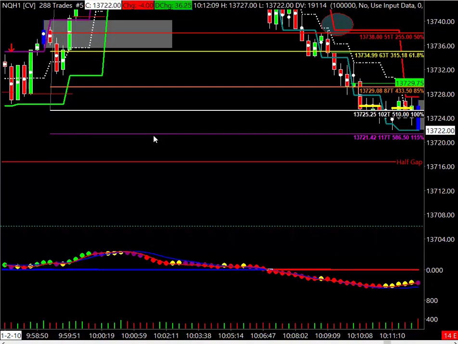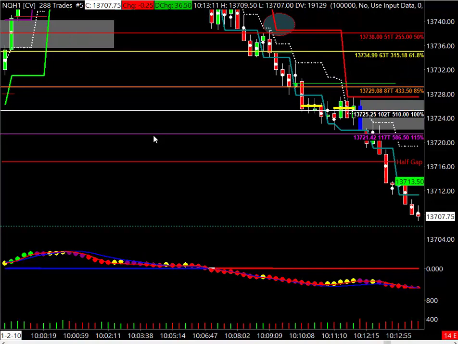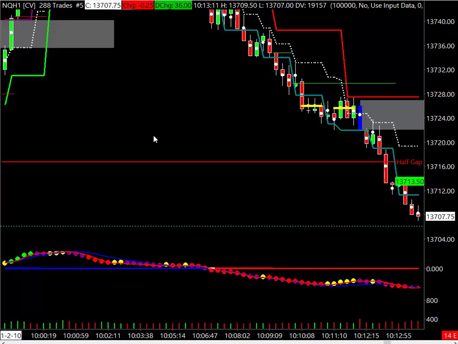Now our next level's 25. We see that level. We come right back up and test the next resistance with 2 money bars, and our resistance is not lifting. Our resistance and our centipede is pushing down. We've already made the first and second target.